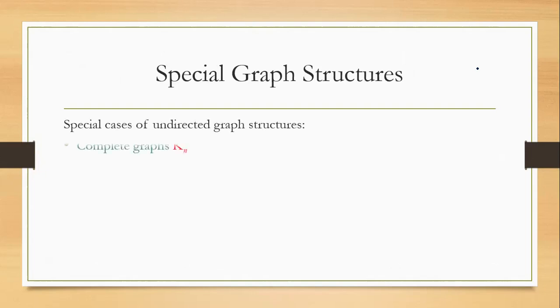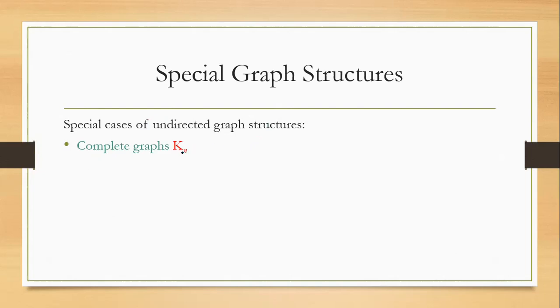Some special cases of undirected graph structures: the first one was the complete graph, which we have seen in the earlier class. The complete graph on n vertices is denoted by Kn. You have to remember which graph is denoted by what kind of notation, and then the definition and also the figure.